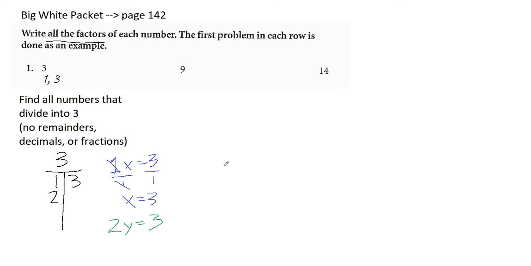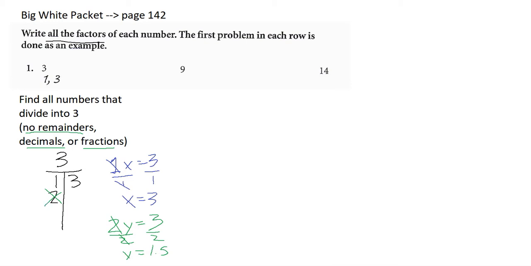If I'm good at algebra, I can divide both sides by 2. So my 2's on the left cancel, and I come up with this number is 3 divided by 2, which is 1.5. But remember here, we said no remainders, no decimals, no fractions. So this is not allowed. You can't have 1.5. You can't have a decimal there. So we say, sorry 2, but you're out. You're not a factor of 3.